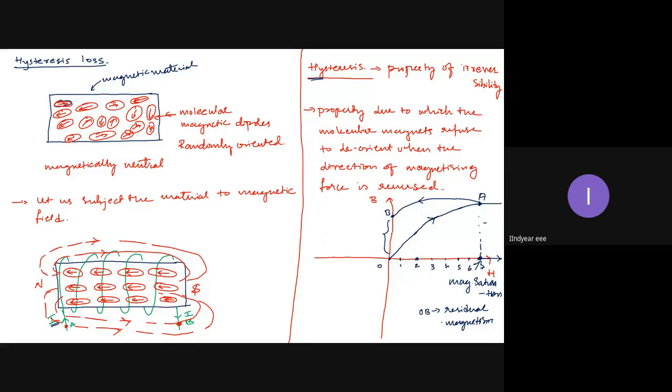And this residual magnetism depends upon the retentivity property of the magnetic material. The more the retentivity, the more the residual magnetism. But for a best magnetic material in machines, retentivity should be minimum. I don't expect a residual magnetism to exist.